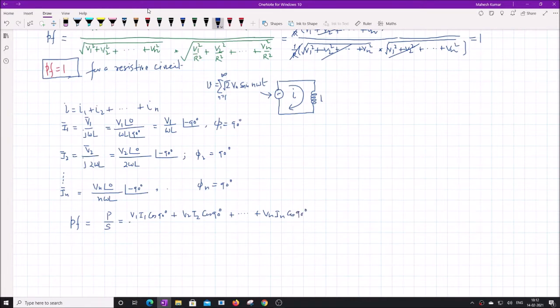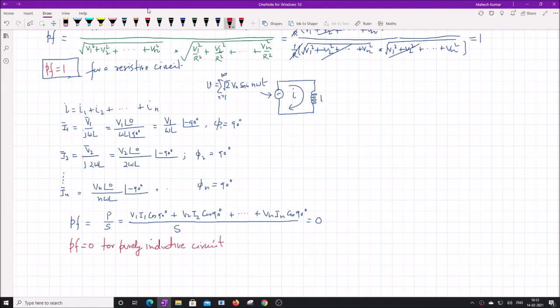Since all are 90 degree, the value will be 0, and hence the power factor will be 0. Therefore, for a purely inductive circuit, the power factor is not affected, it will be 0. So we can write PF is equal to 0 for a purely inductive circuit.